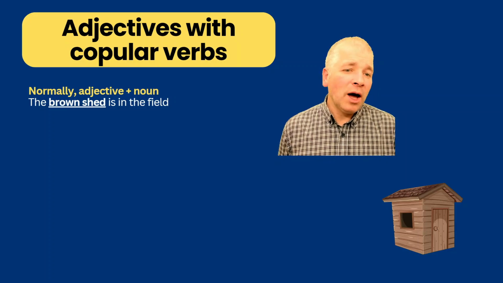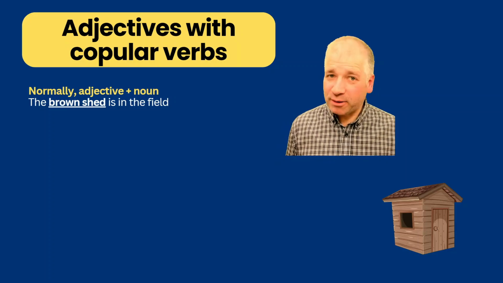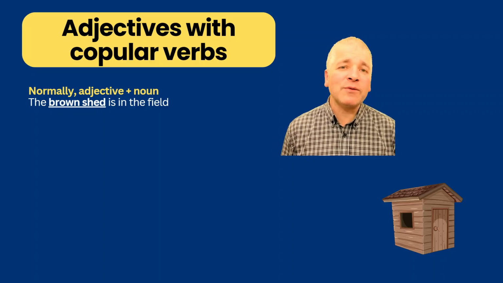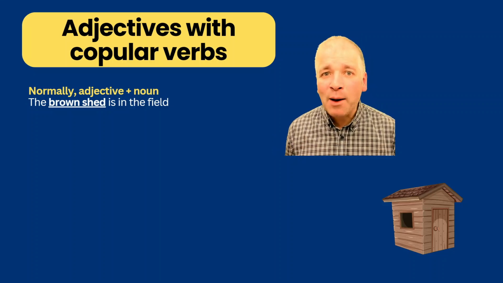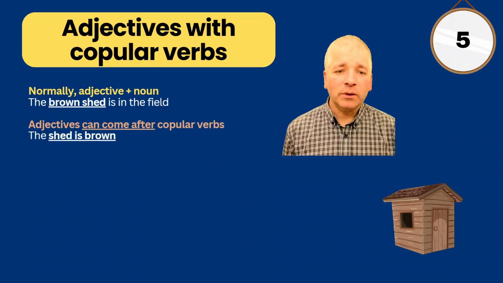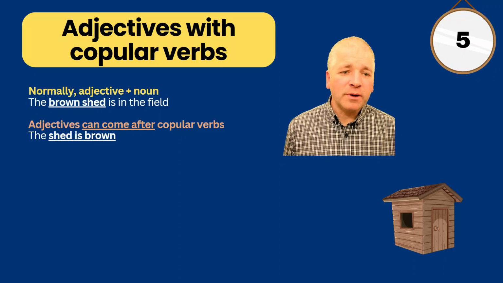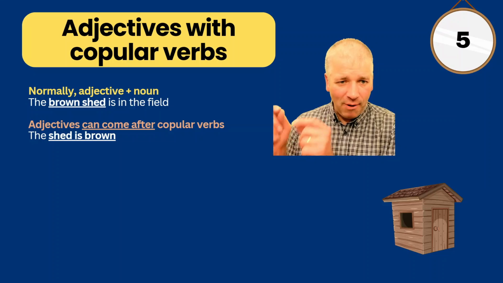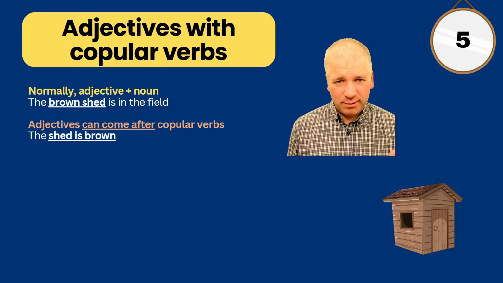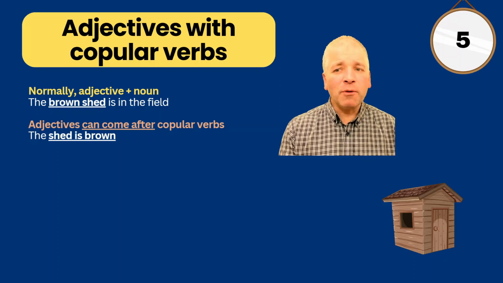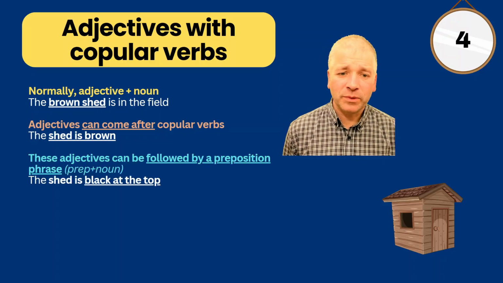The normal form of a sentence looks like this. The brown shed is in the field. Here we have the adjective before the noun, brown followed by shed. With copular verbs, the adjective can come after. The shed is brown. So here brown still describes the shed, but because it's a copular verb, it's come after the shed at the end of the sentence. But there are a few more things we can do still.